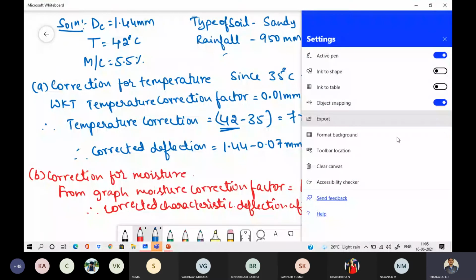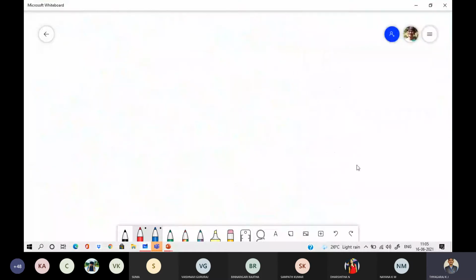We'll move to the solution. What are all the data they have given? Pavement thickness they have given, sir. Okay. Then what is the temperature they have given? 31 degrees Celsius. What is the field moisture content? 7%.